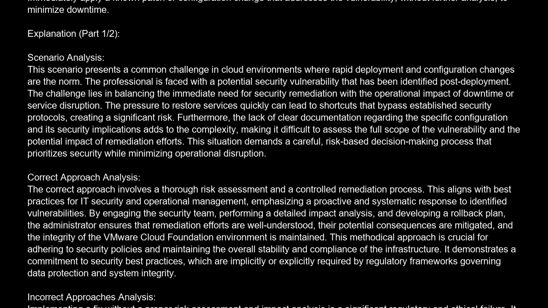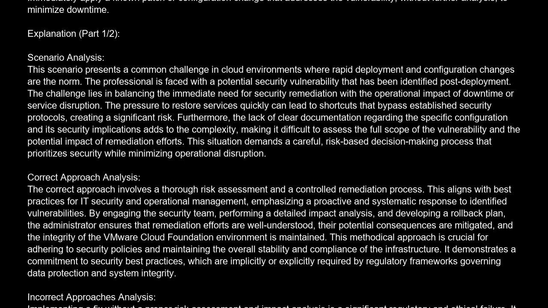The pressure to restore services quickly can lead to shortcuts that bypass established security protocols, creating a significant risk. Furthermore, the lack of clear documentation regarding the specific configuration and its security implications adds to the complexity, making it difficult to assess the full scope of the vulnerability and the potential impact of remediation efforts. The situation demands a careful, risk-based decision-making process that prioritizes security while minimizing operational disruption.